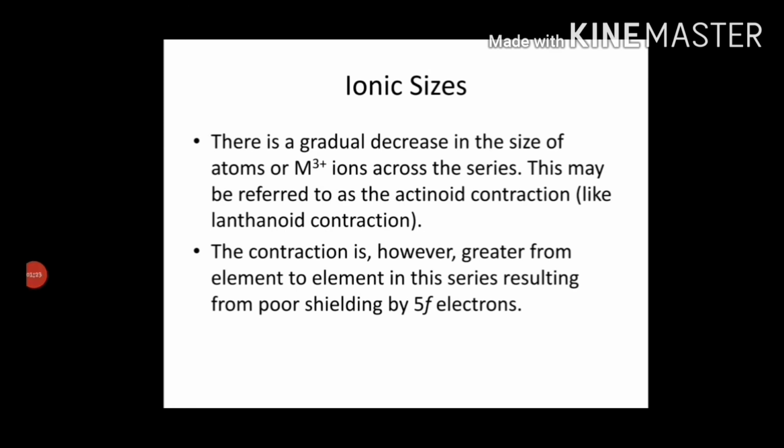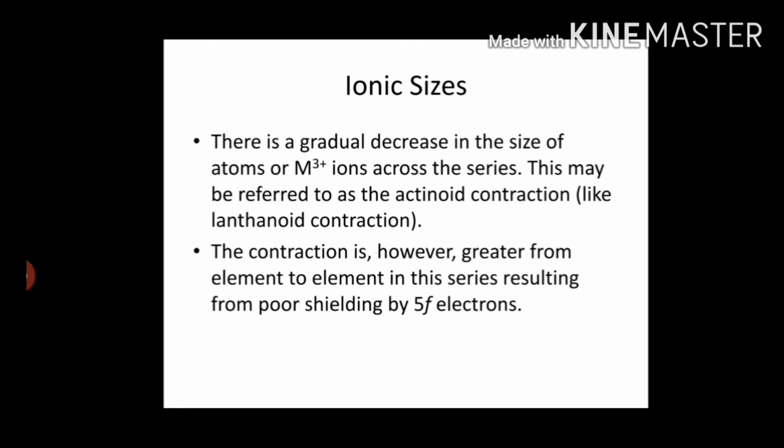Now we will discuss the variation in their ionic sizes. There is a gradual decrease in the size of their atoms or their trivalent cations across the series, and this is called actinoid contraction, just like lanthanoid contraction.